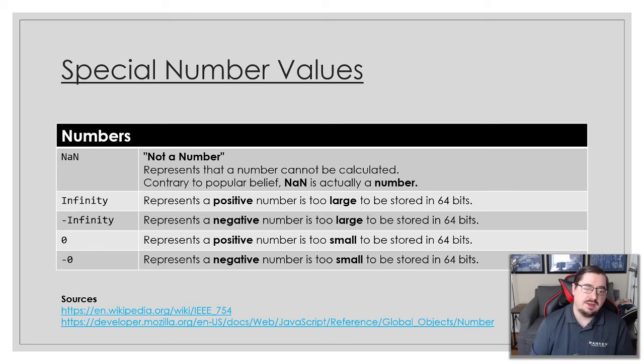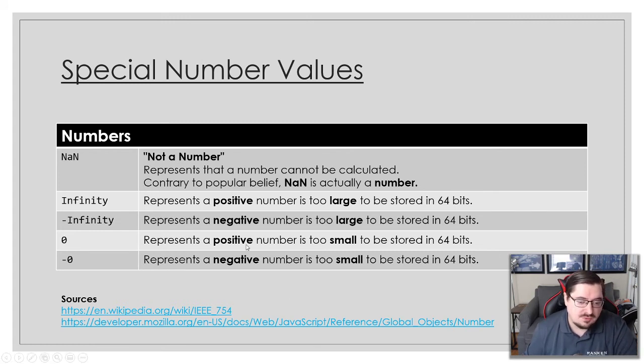Infinity just means that the number was too big to store, that I got a number bigger than could be stored in a double. So this is still generally a valid number, but it's just too big to be represented. Negative infinity is the other side. It's a negative number that is too big to be represented.